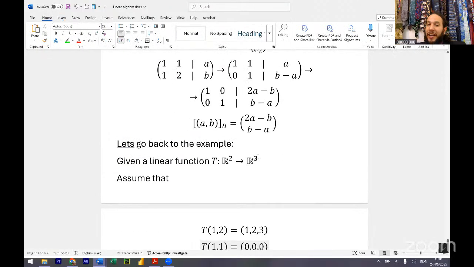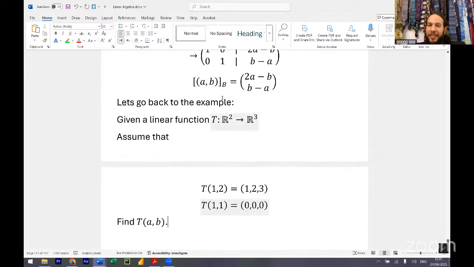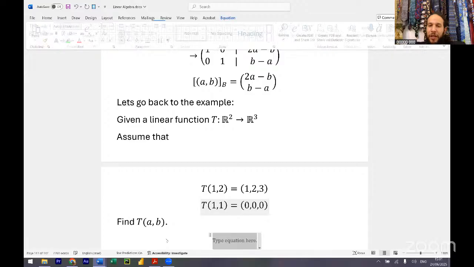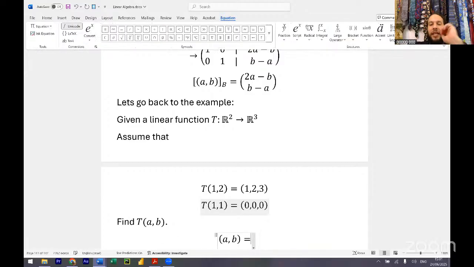So what am I claiming? I'll ask you to try to tell me. What does AB equal to? What does this tell us? What do you do with the coordinates?